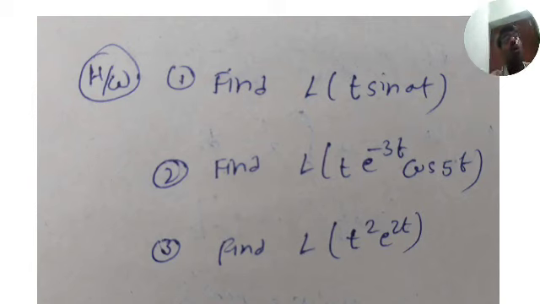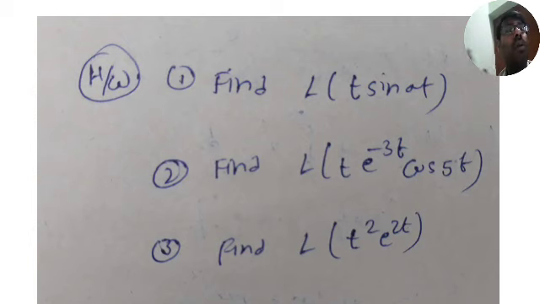Are you getting? So what I want to tell you is we covered all types of problems. About 9 problems we covered in this video on the multiplication by t power of n method. So first of all, read all the standard formulas and read what multiplication by t power of n says.